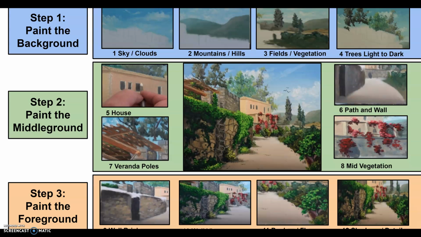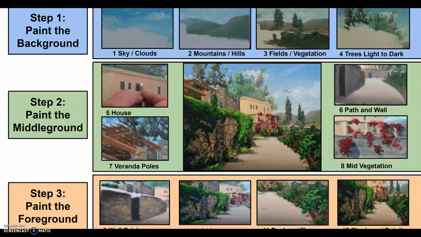Step 2 is moving to the middle ground. You can see right here I have the painting in the middle. The middle ground is the house, the veranda poles, the path, and some vegetation on the walls and things like that. Then step number 3 is the foreground.